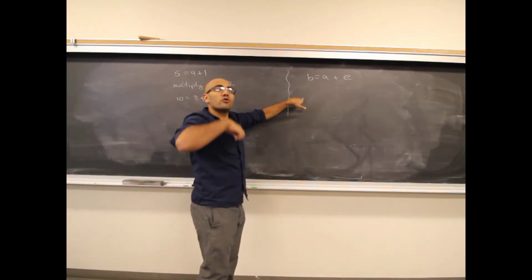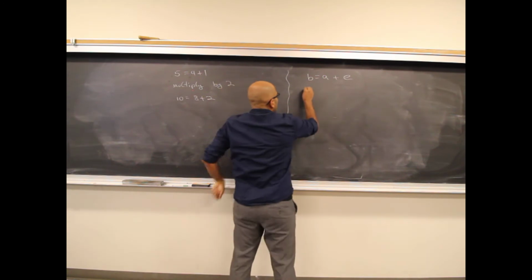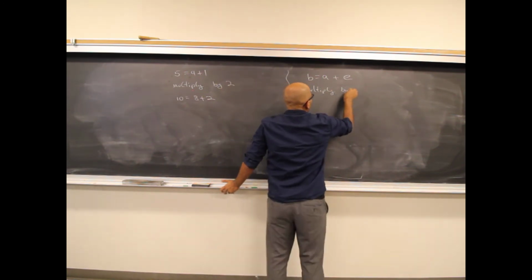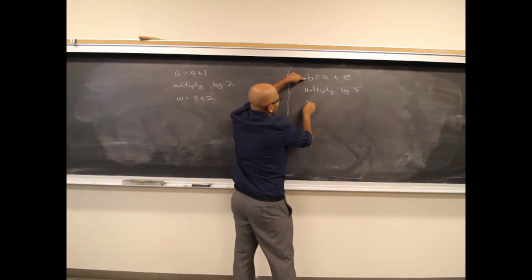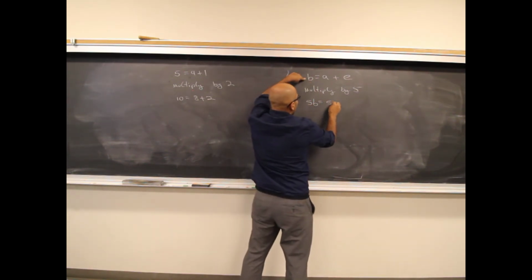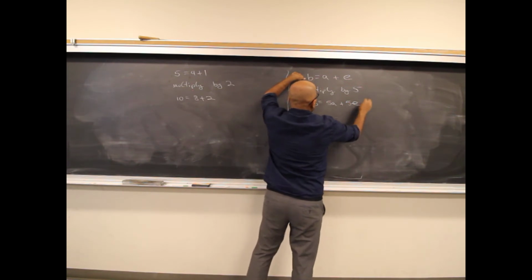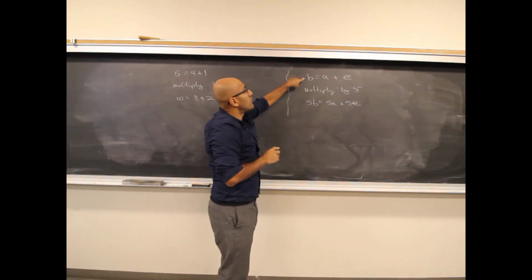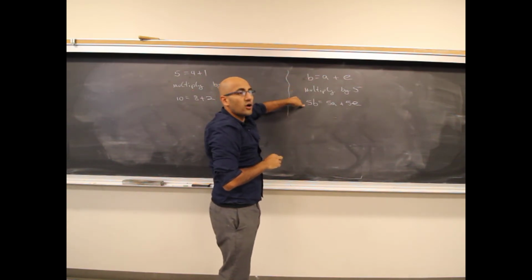Same idea when you don't know the actual numerical values. I could multiply by 5. Well, that means that 5B is equal to 5A plus 5E. This was true, then therefore this must be true, right? If we know this is true, then we know this is also true.